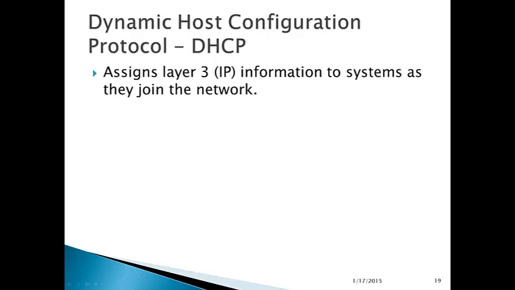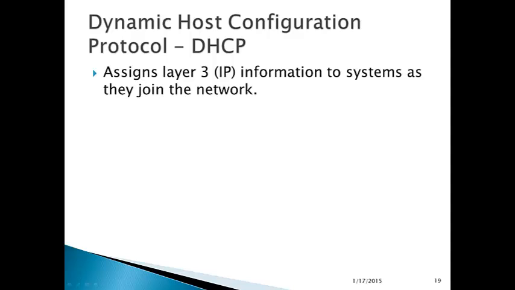Your IP address is this. Your subnet mask, your network is this. Your default gateway, the router that you use to get to the outside world, is this IP address. And by the way, your DNS name and your DNS servers are such and such.